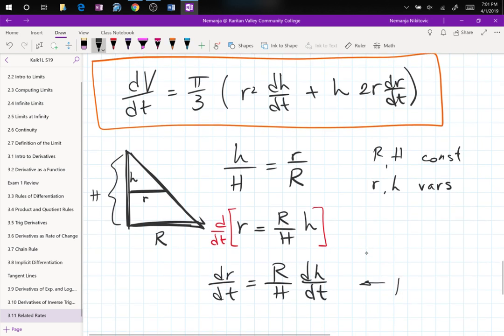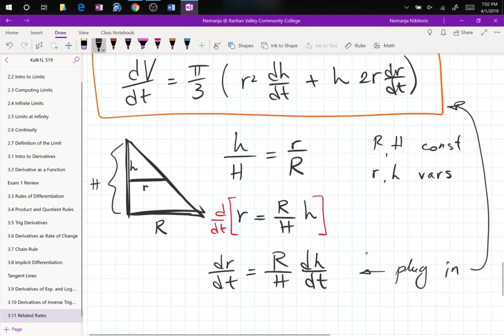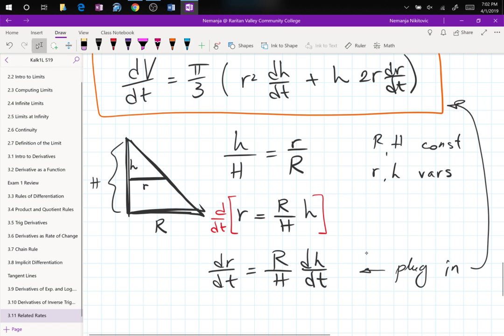So plug in up there. And then you are effectively killing r's everywhere, and you just have dV/dt and h and dh/dt to worry about.